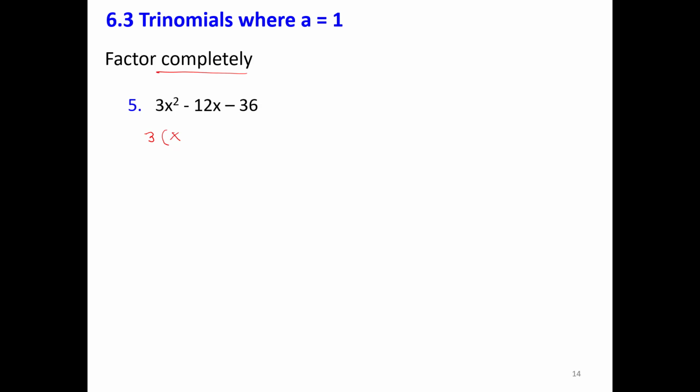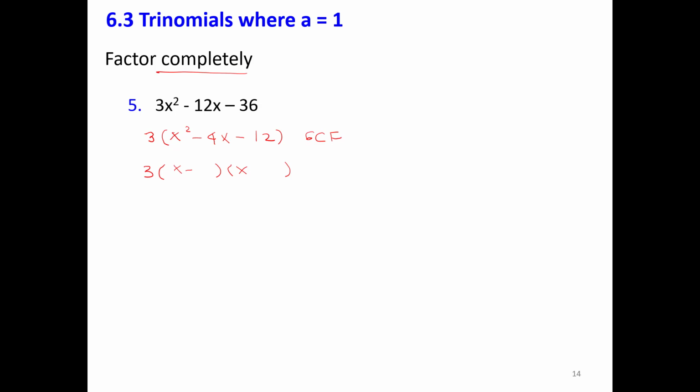If we factor out 3, we have x squared minus 4x, because 12 divided by 3 is 4, minus 12, because 36 divided by 3 is 12. Now what we can see inside is the trinomial, and we can use the AC method to factor it. So we factor out using the greatest common factor, and then use the AC method to factor what is inside the parentheses, the trinomial.